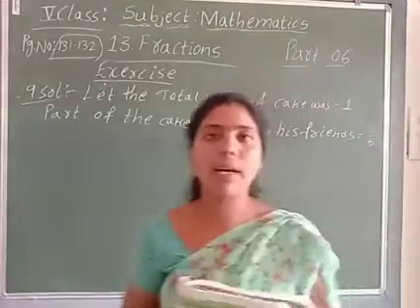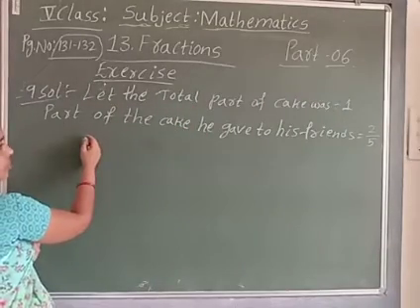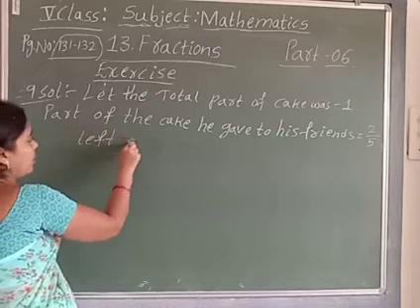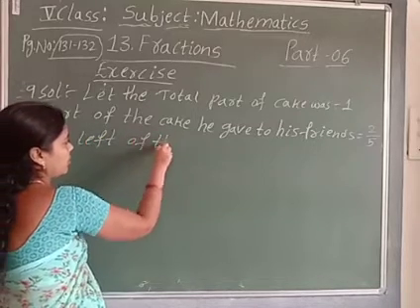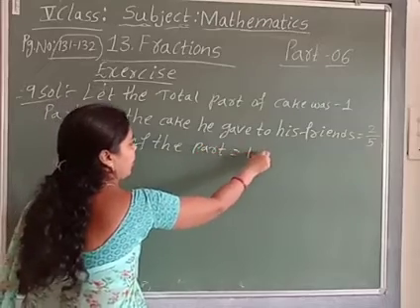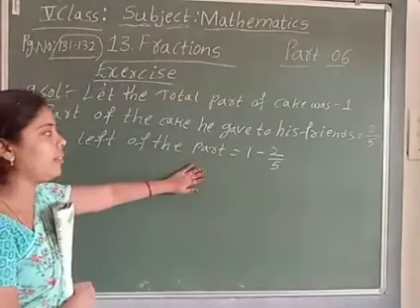So how much part is left? See here, 1 minus 2/5. Total part is 1, so 1 minus 2/5.